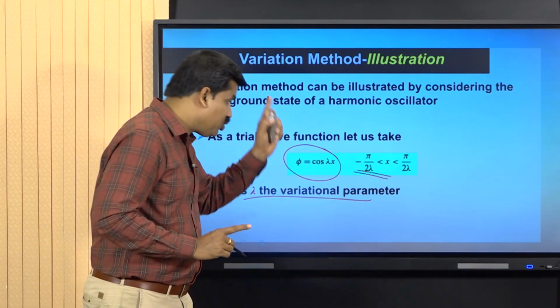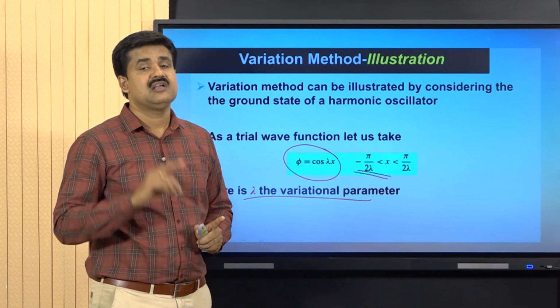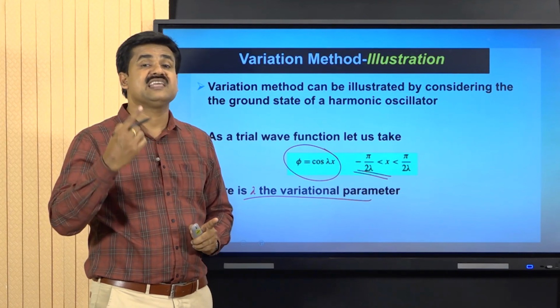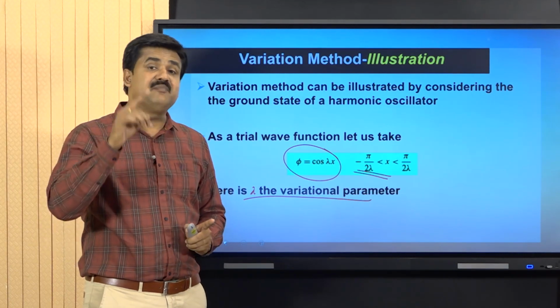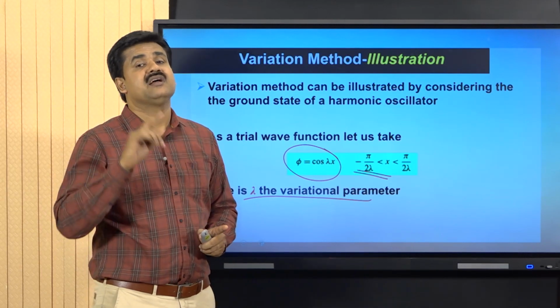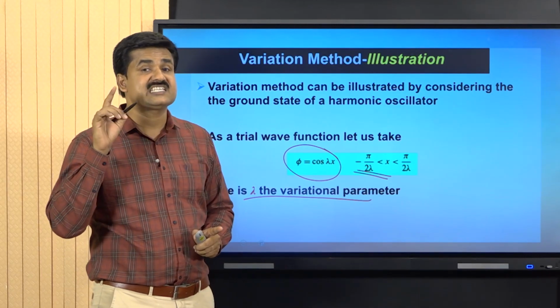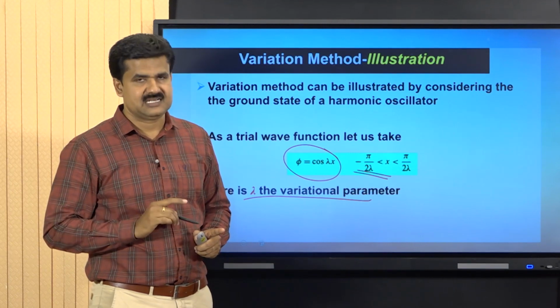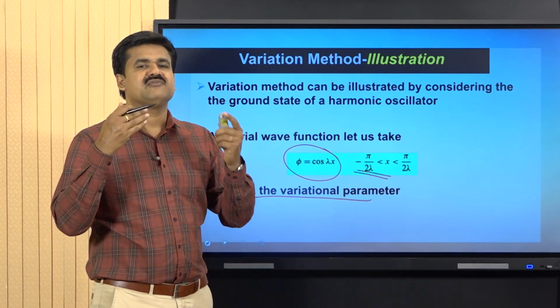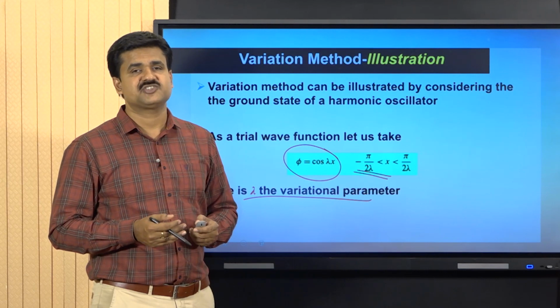By using this trial wave function, we have to evaluate the energy of the system, then minimize it, and then compare the minimized energy with the original energy. Then we will feel the worth of the variation method.